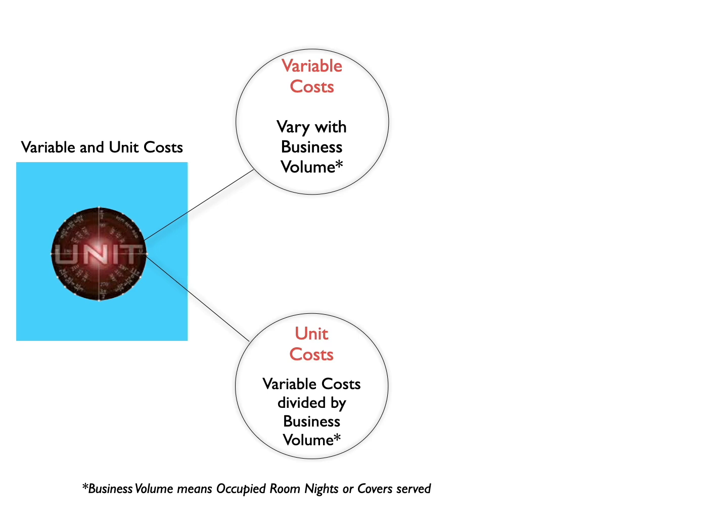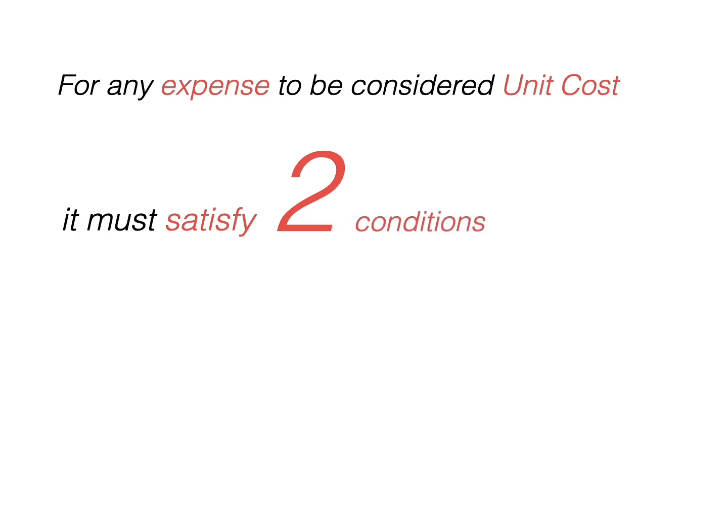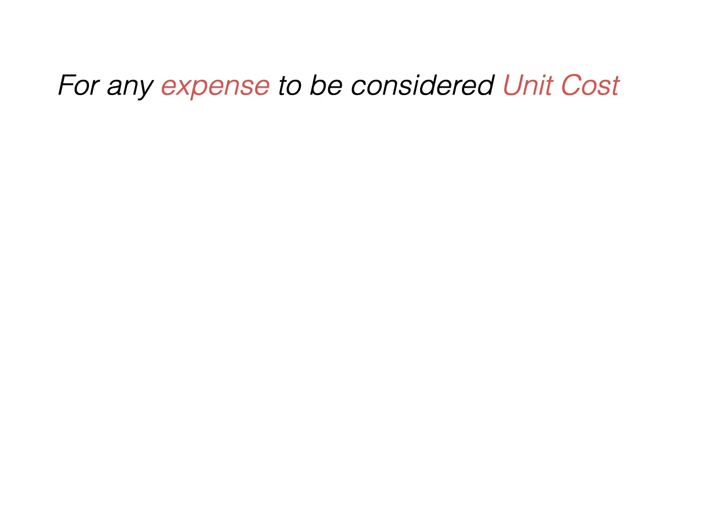Every item of expense cannot be treated as a unit cost. So, how can a unit cost be determined? There are two requirements which must be fulfilled in order for any expense to be treated as a unit cost.